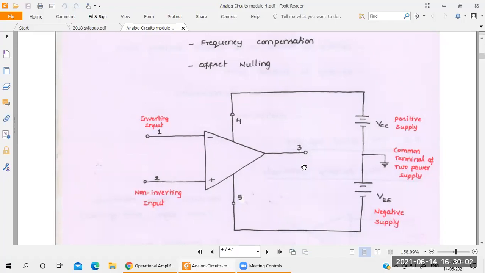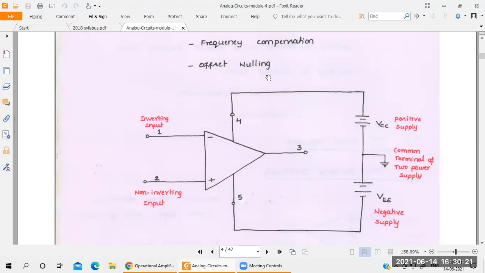How are you going to remove it? By applying the two power supplies. That is again offset nulling.